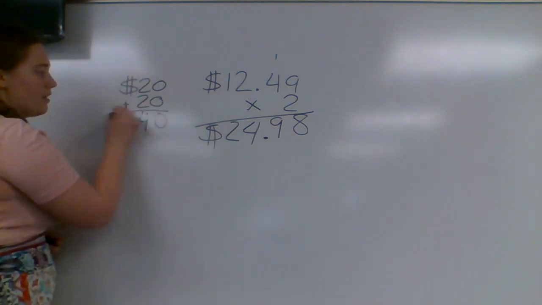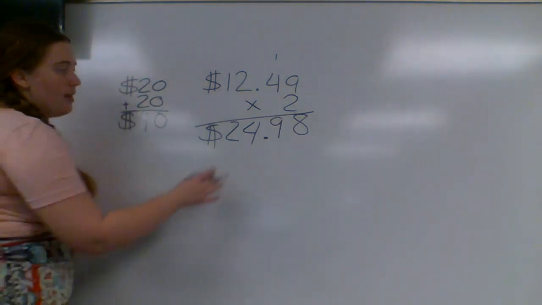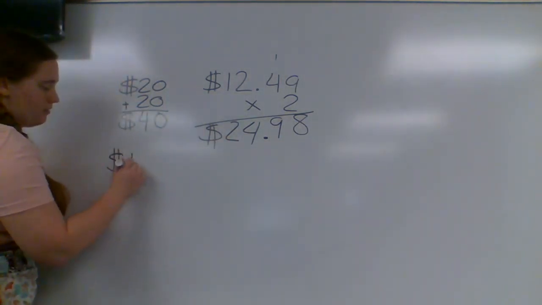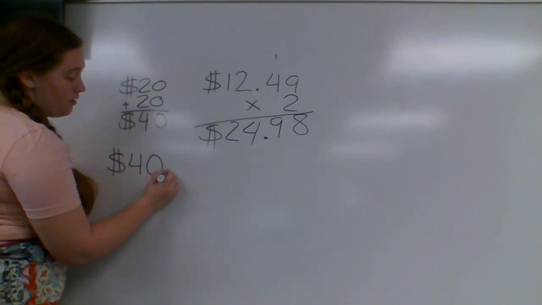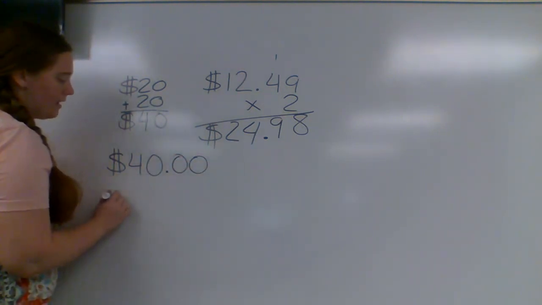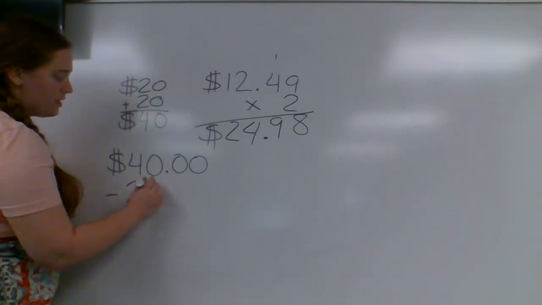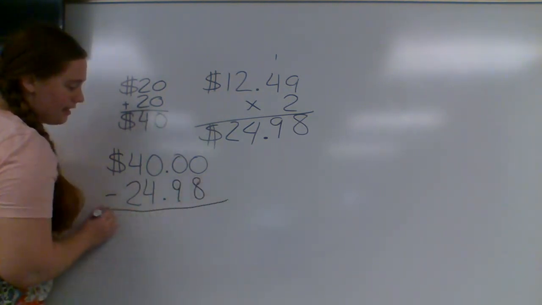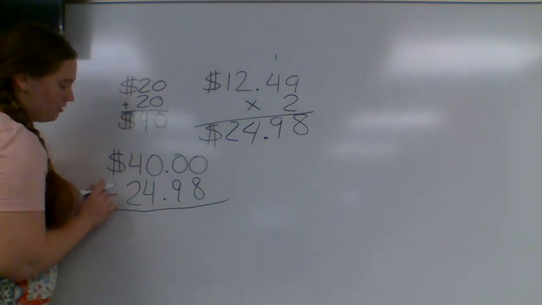So Dad is giving them $40. And this is how much it costs. So I'm going to take this $40. We'll put in 0 cents minus this $24.98.